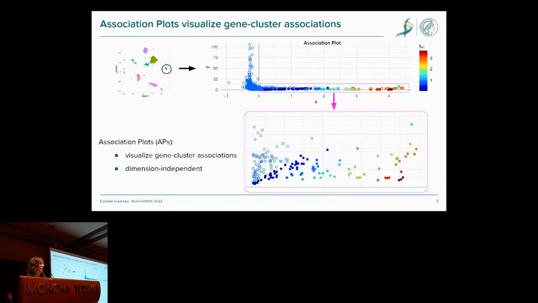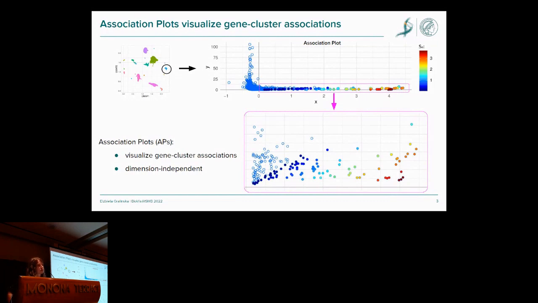That's why we have addressed this problem, and we developed a method which we call association plots. Here on the right side, you can see an example association plot, which is generated just for one cluster from our input data. Each circle in this association plot represents one gene, and the genes are colored according to the strength of the association to a selected cluster of cells.